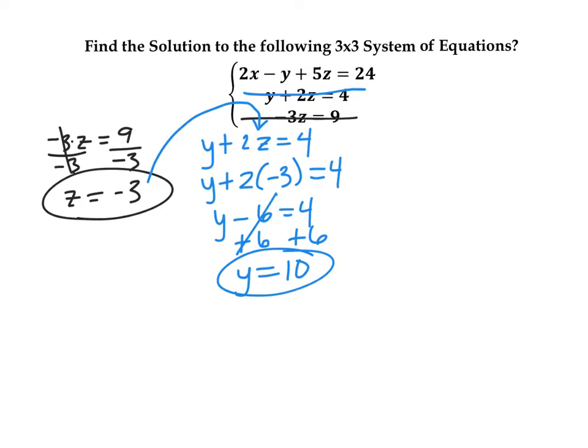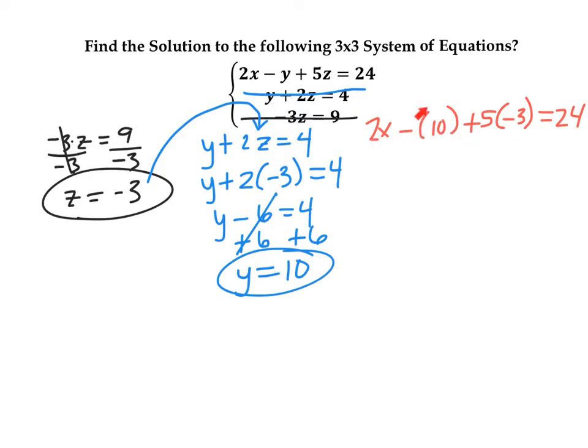On the last equation I have 2x minus y, which is 10, plus 5z, which is 5 times negative 3, and that equals 24. My handwriting here is a little off, so I'm going to improve that number as a 2. Now that I only have one variable in this final equation, I can solve for x.